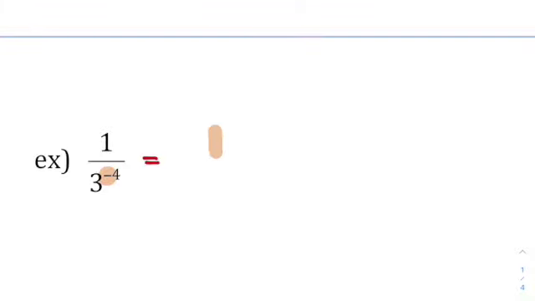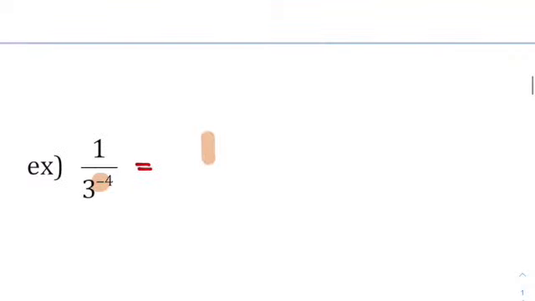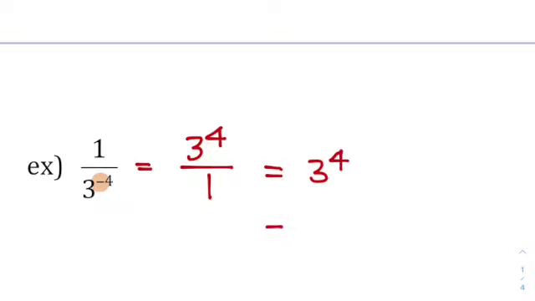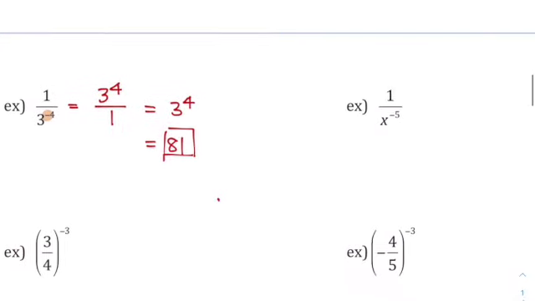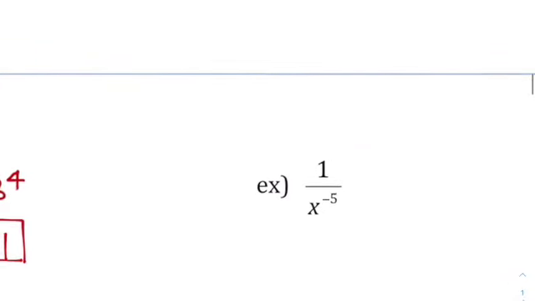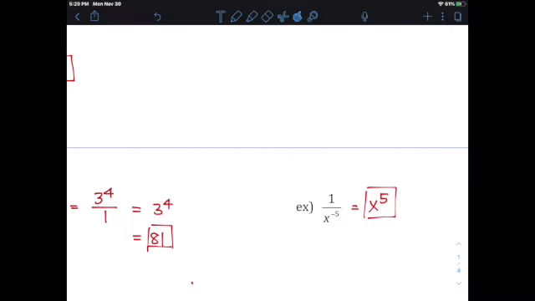So it flips to the top, and that's 3 to the 4th power, negative sign gone, over 1. And if it's over 1, you don't really have to write it. That's just 3 to the 4th power, and that's 81. And that's your answer. Let's try the next one. Why don't you guys try the next one and see, can you get the same answer?